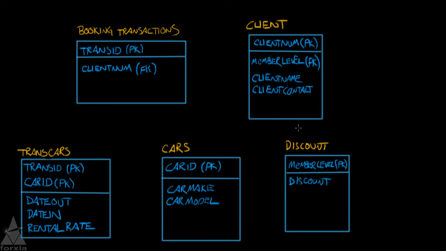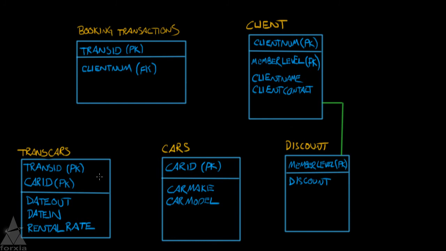So if we take a look at discount, well, what is the relationship that discount has with another entity? Well, that is the client. So we're going to create a link like this, and I'll try to get it a bit straight for us as best I can. Okay, now so I'll create that one there.